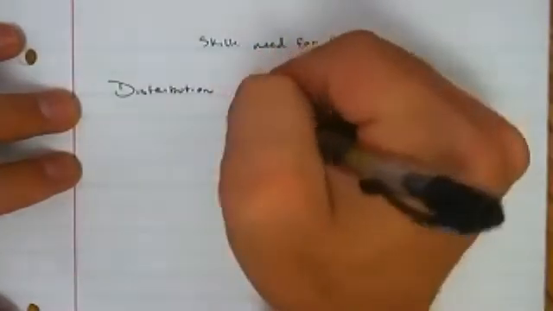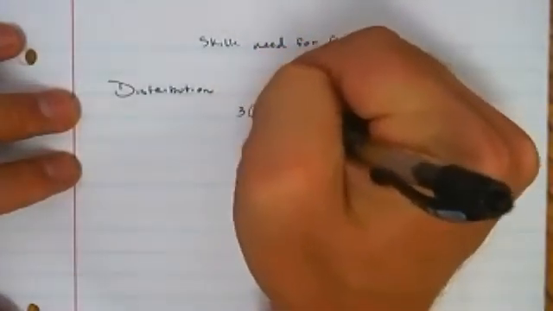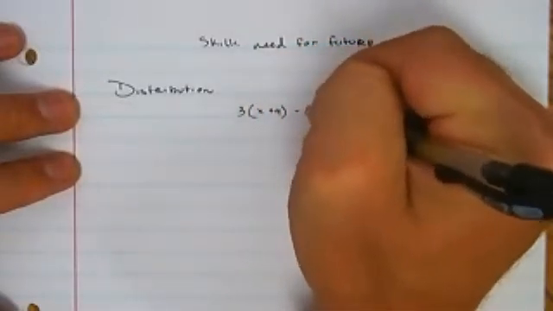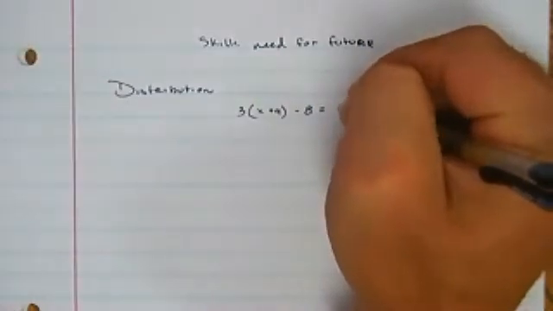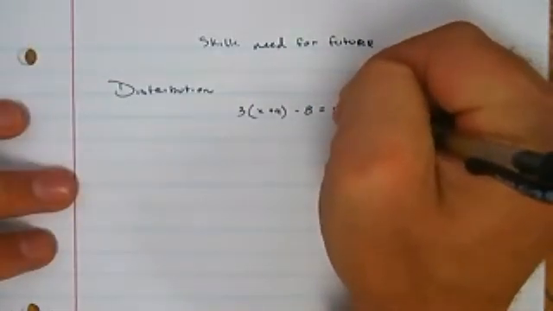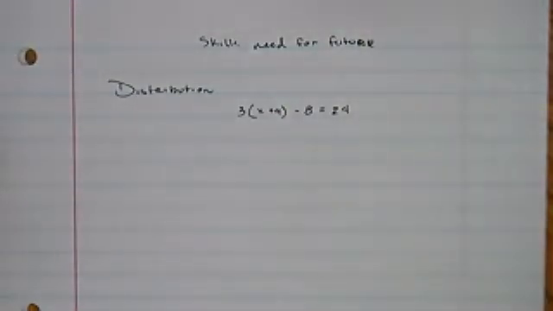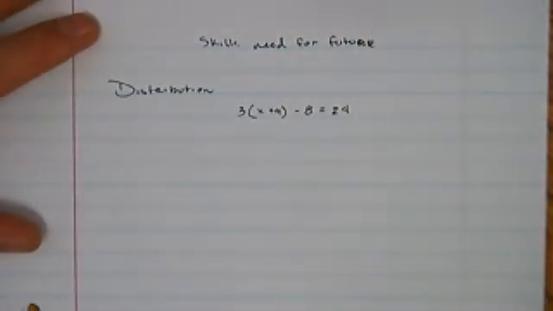So let's just go with something very simple, something like maybe 3(x plus 4) minus 8 equals, I don't know, we'll keep it even, 24. Maybe it works, maybe it doesn't. So let's look at this one.